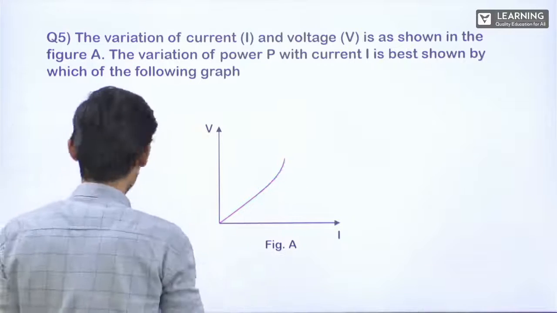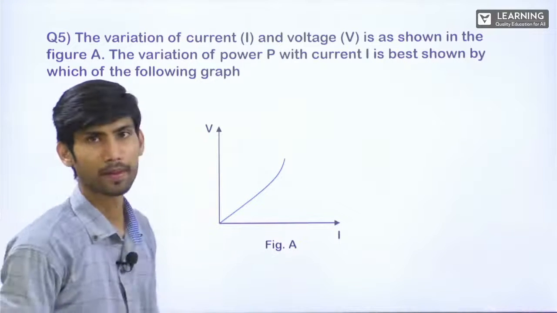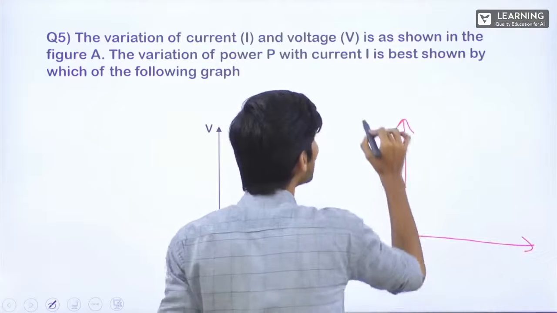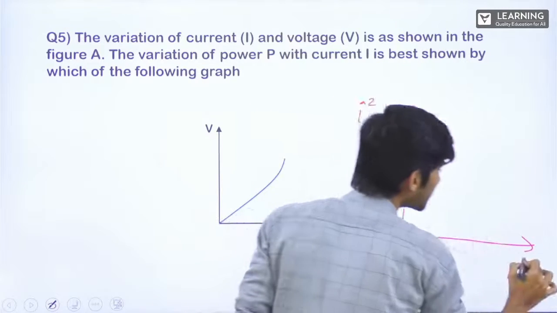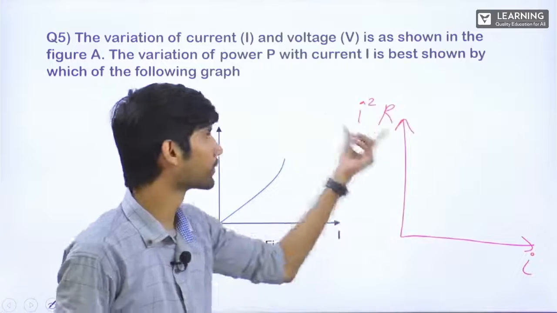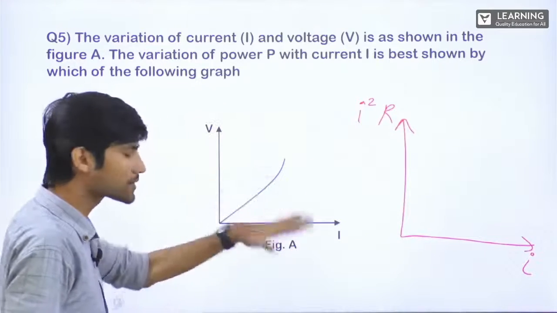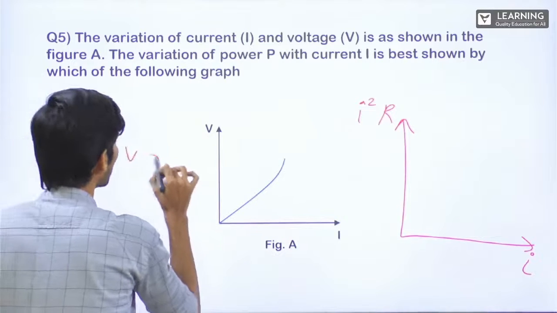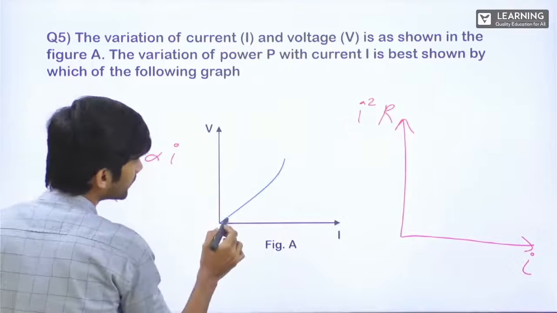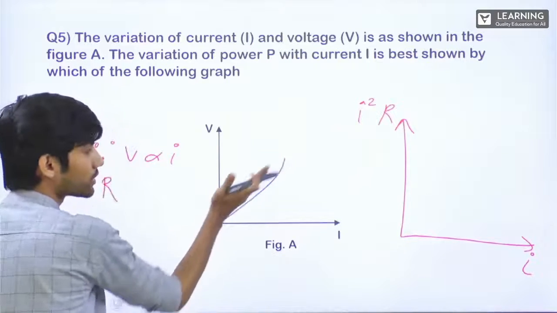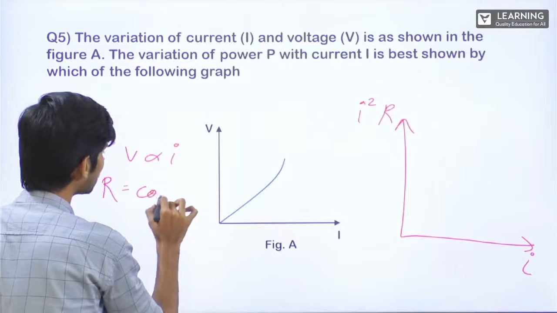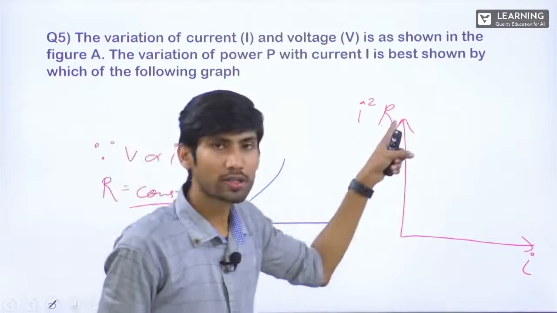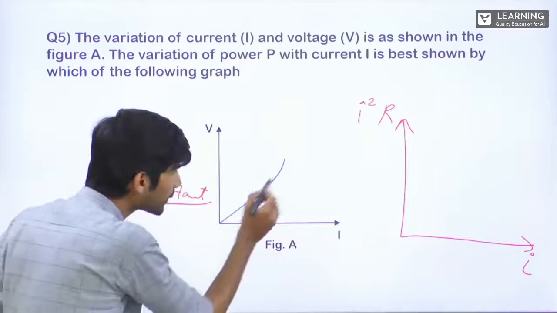So almost V is proportional to I. Now P versus I means I square R versus I. Since V is directly proportional to I, R, or you can say the slope, will be constant, correct? So R is constant for maximum time.